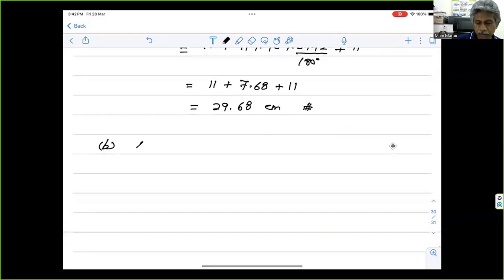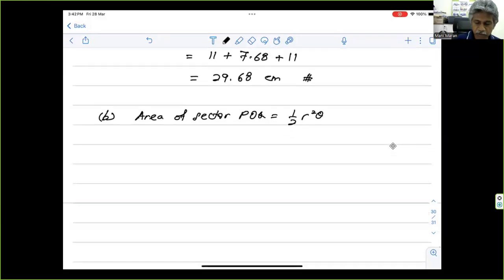So area of sector POQ is equal to half r square theta. Remember this equation. So it's equal to half times r square, which is 11 square, times theta, which is 40 degree times 3.142 over 180 degree.